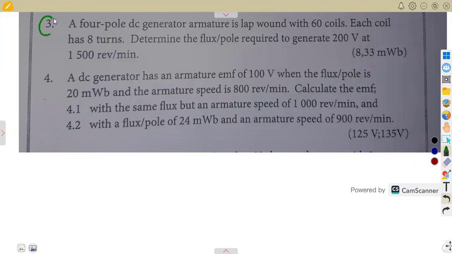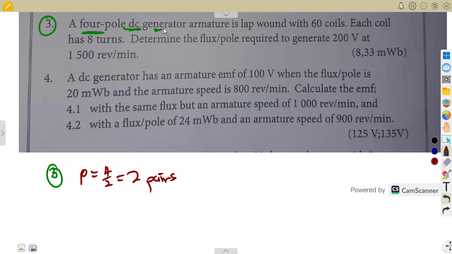So let's see this one, question number 3. A 4-pole DC generator armature. Okay, so let's just take our information. It's a 4-pole. How many pairs are we having? 4 divided by 2, that means we've got 2 pairs.